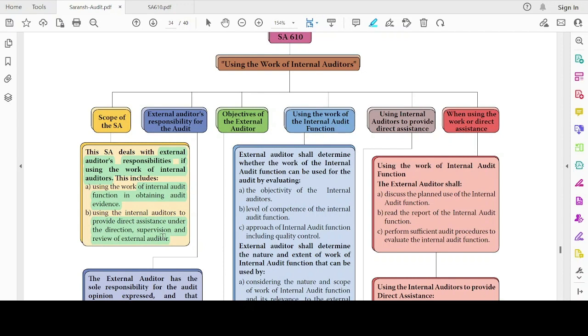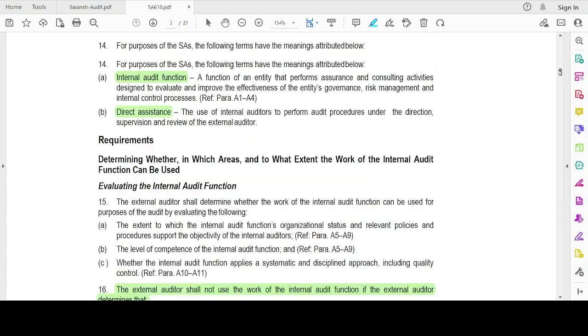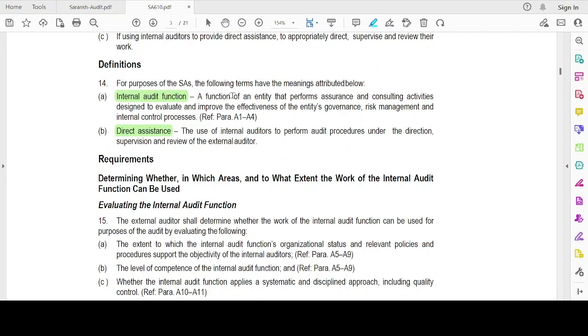Before moving on further, let's understand the meaning of the internal audit function and the internal auditors. Let's go to the definition. Internal audit function: a function of an entity that performs assurance and consulting activity designed to evaluate and improve the effectiveness of governance, risk management and internal control processes.